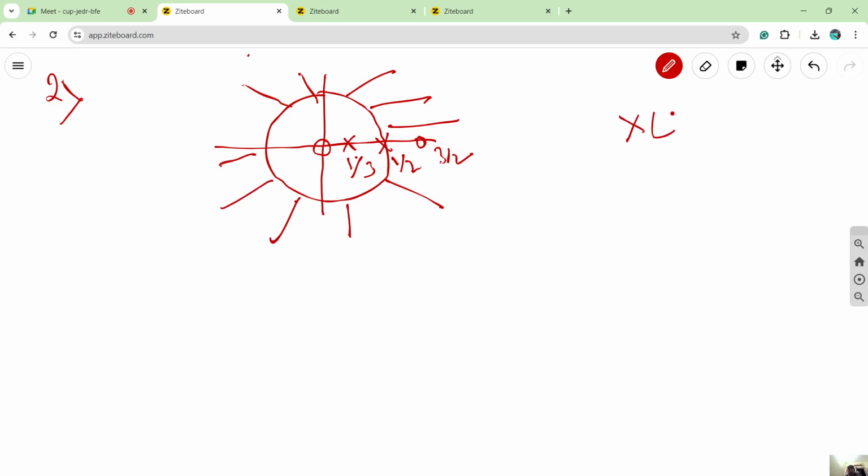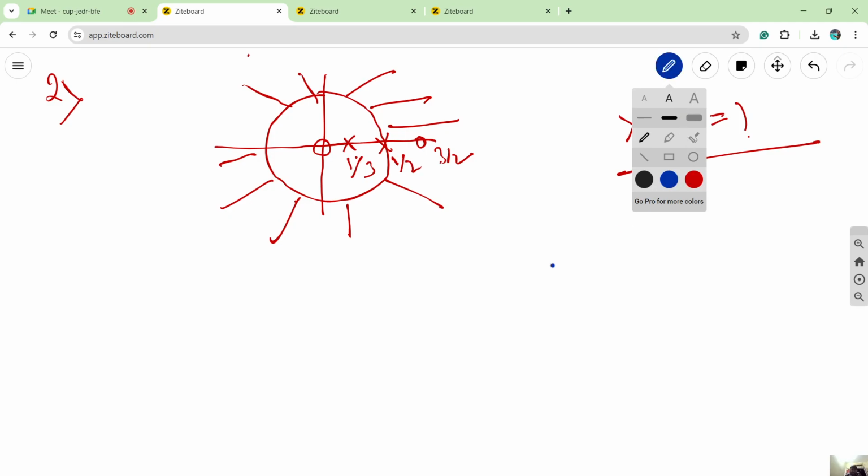So what is X of z? It's easy. We know where the poles and where the zeros are.